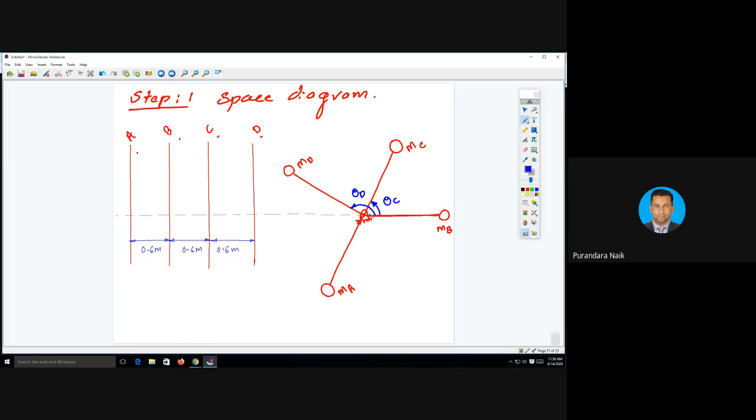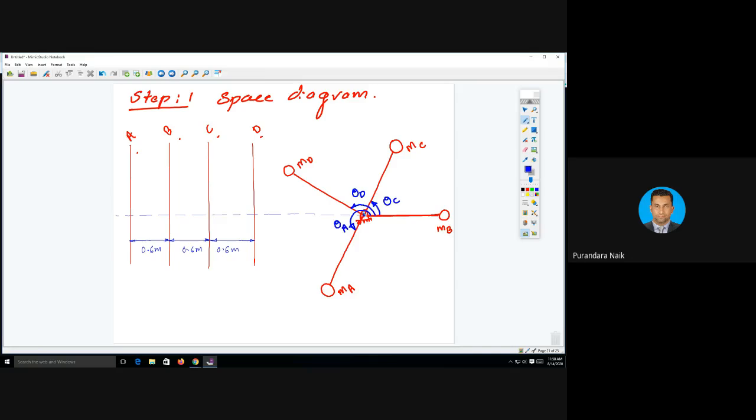The corresponding angle of A is theta A. So we have all the angles here. We need to find out those angles, once you mark all the angles with respect to mass B.